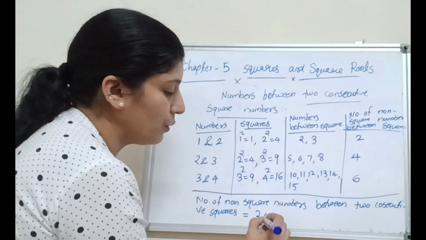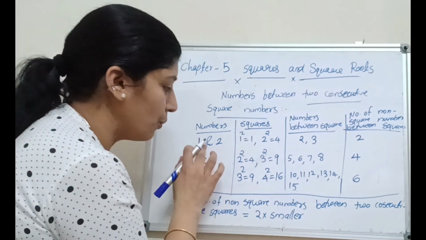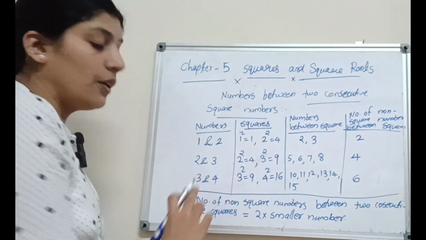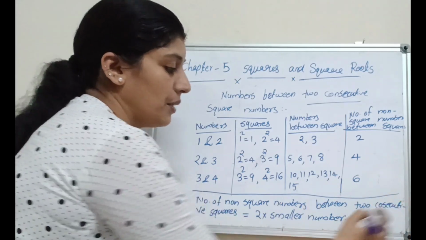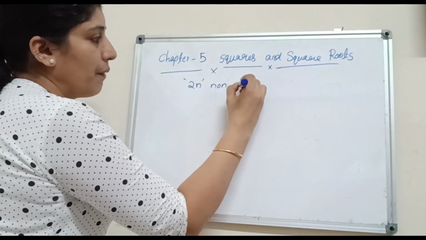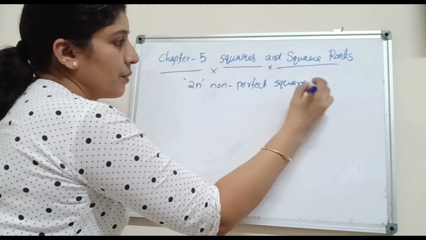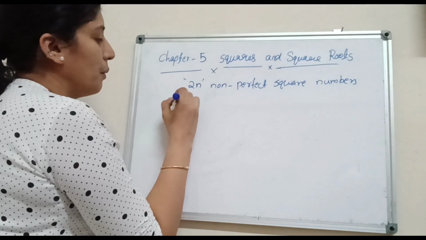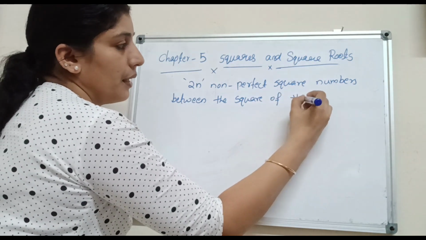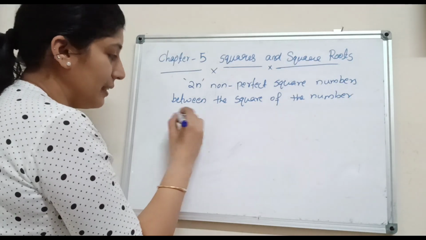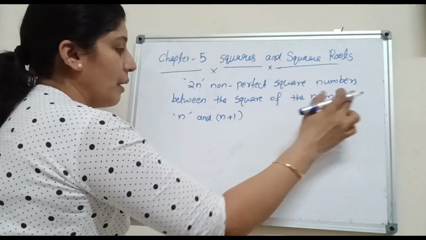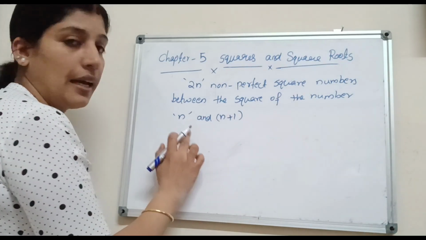Therefore, generally we can say there are 2n non-perfect square numbers between the squares of the numbers n and n plus 1. That is, considering the consecutive numbers n and n plus 1, there are 2n non-perfect square numbers between the squares of n and n plus 1.